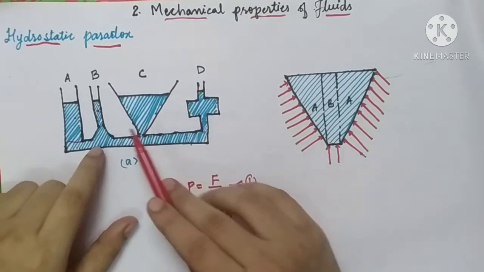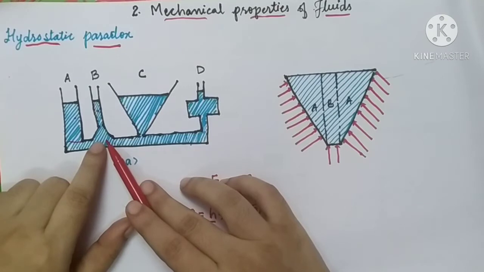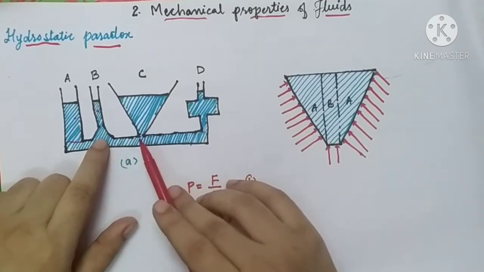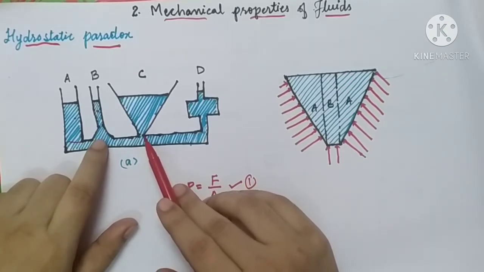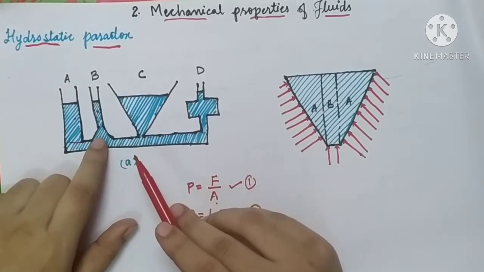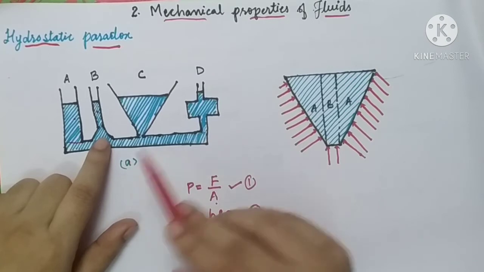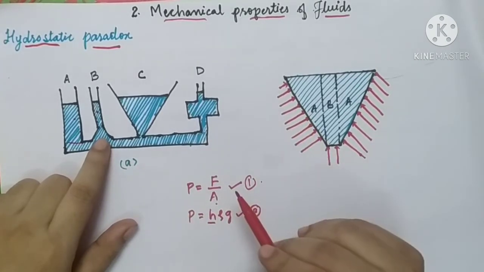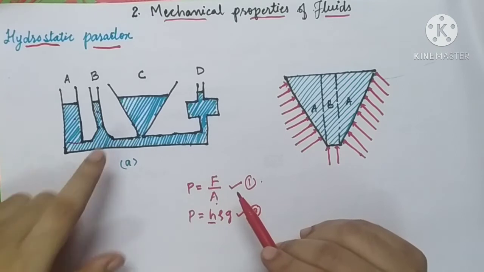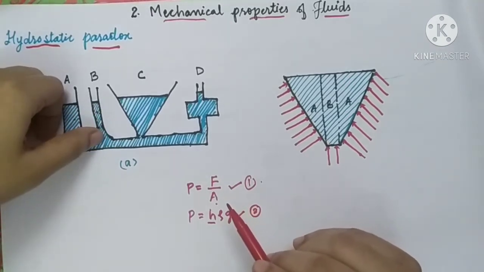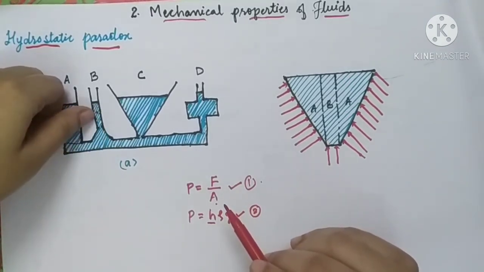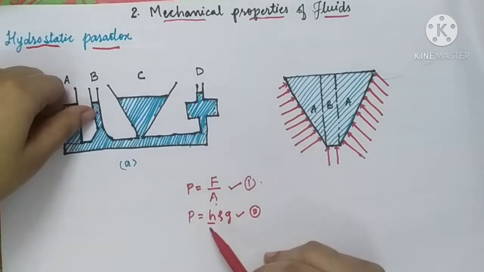And see the base area of container B. It is large as compared to C. Base area of B is large as compared to the base area of C. So pressure at the base of container B will be small as per this equation. For small pressure there will be a small rise in the liquid, so height will be small.